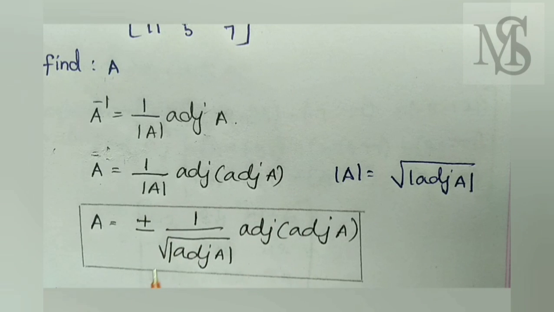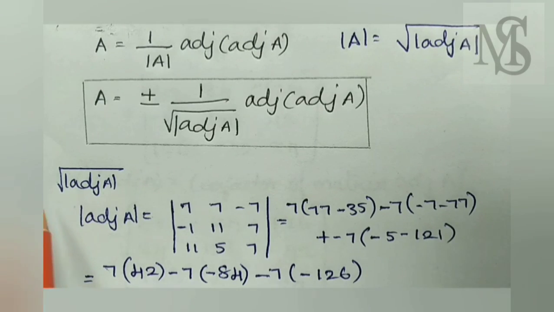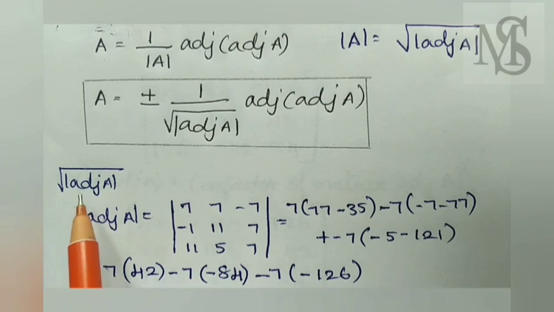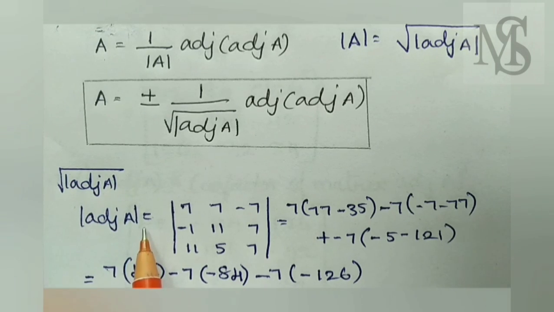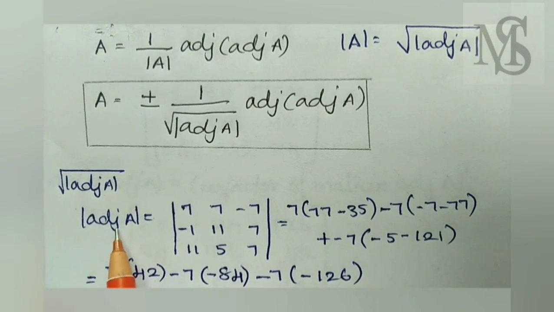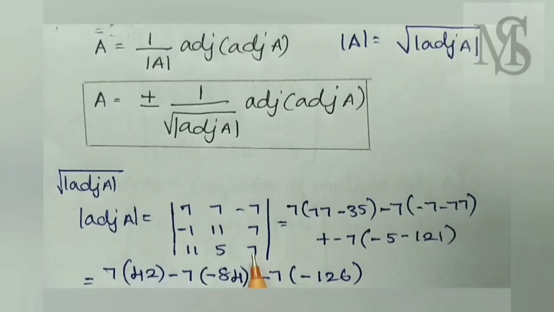In this, we don't know the value of root modulus adjoint A and adjoint of adjoint A. So we have to find root modulus adjoint A first, and for that we have to find modulus adjoint A. Modulus adjoint A is the same matrix of adjoint A, written inside the modulus.